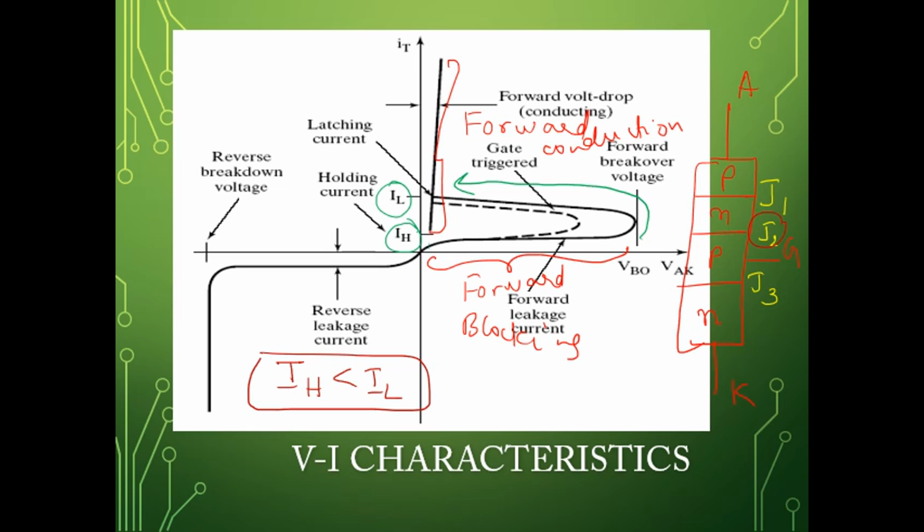This is very, very important. So holding current is the minimum current required to maintain the thyristor in the on state, whereas latching current is the current required to make the thyristor conduct even if you don't have a gate signal. These two terms are very, very important.